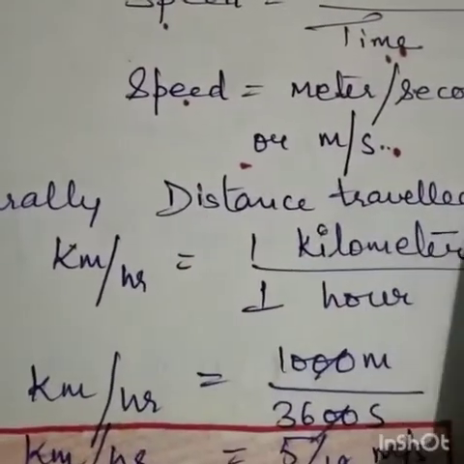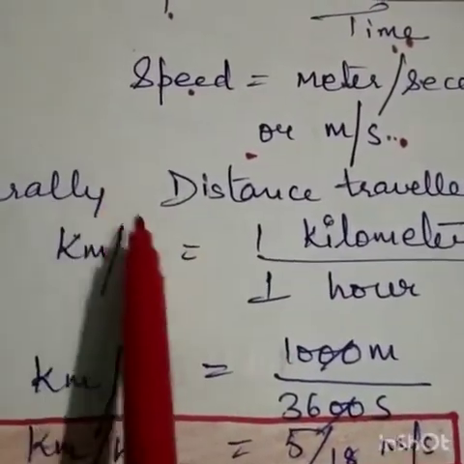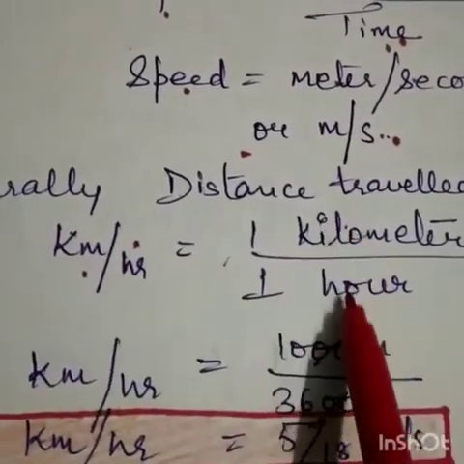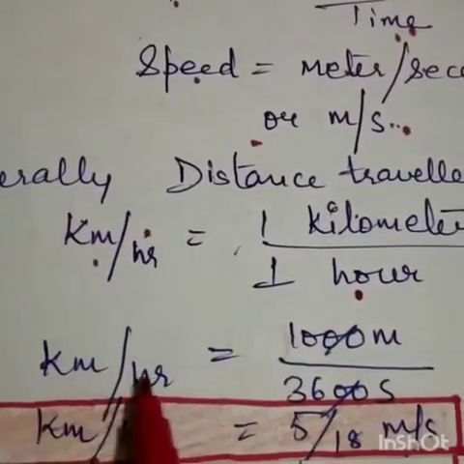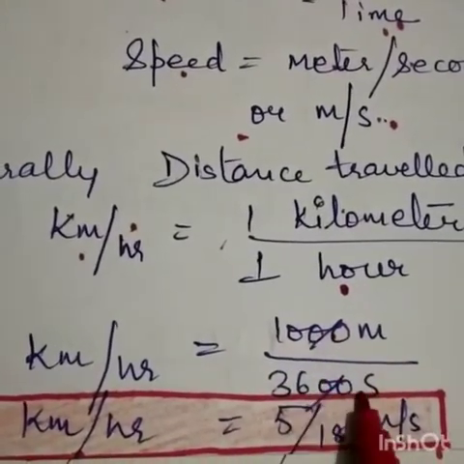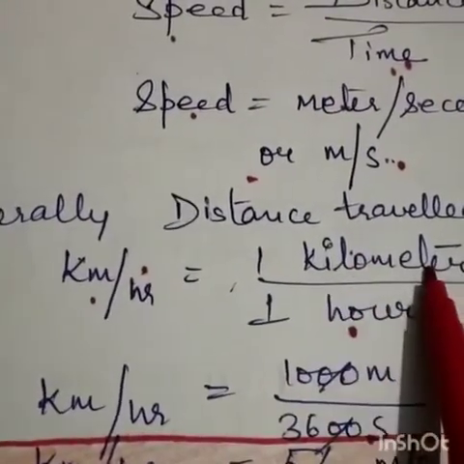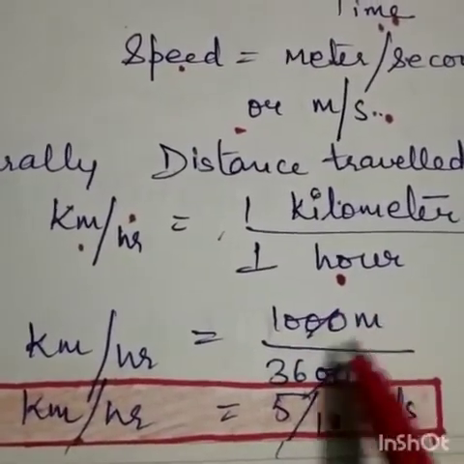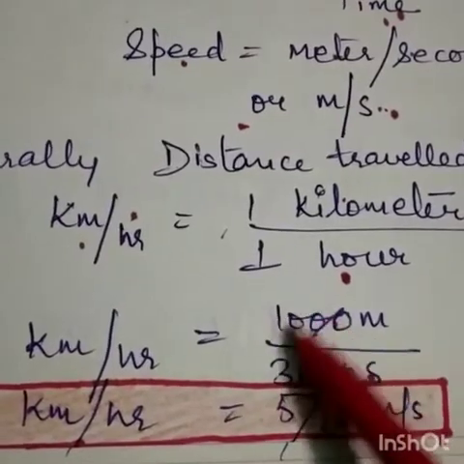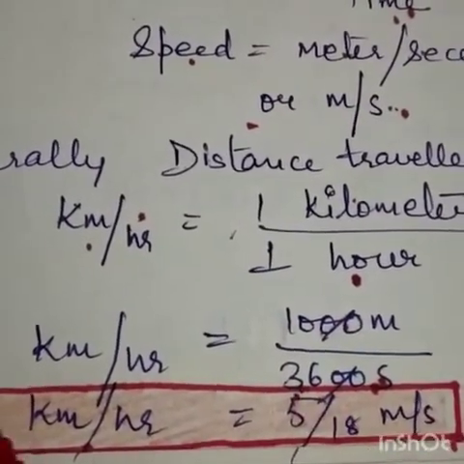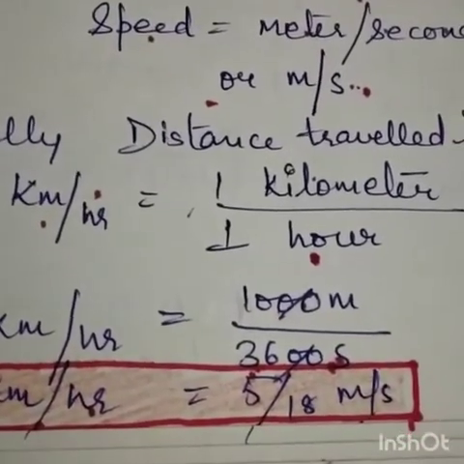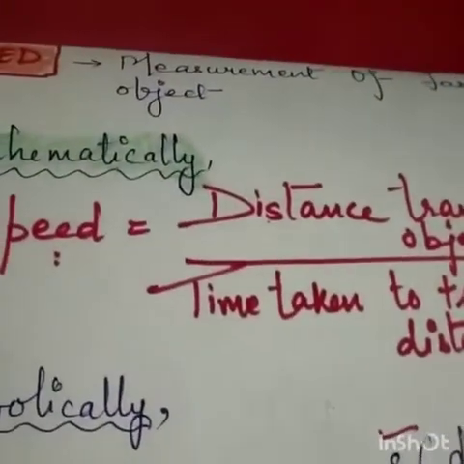So what is the relation between meter per second and kilometer per hour? 1 kilometer per hour can be written as 1000 meter upon 3600 second, because 1 kilometer has 1000 meters and 1 hour has 3600 seconds. Canceling the zeros and finding the lowest terms, 1 kilometer per hour is equal to 5 upon 18 meter per second. So that's all about speed.